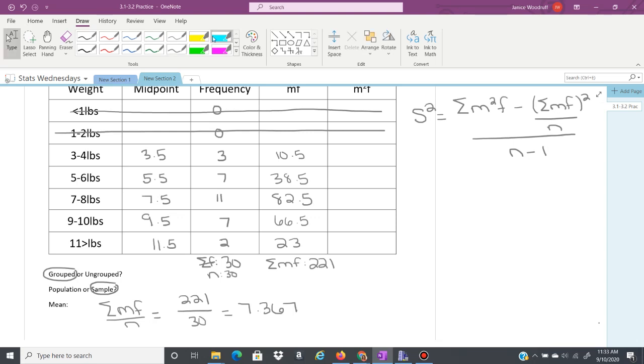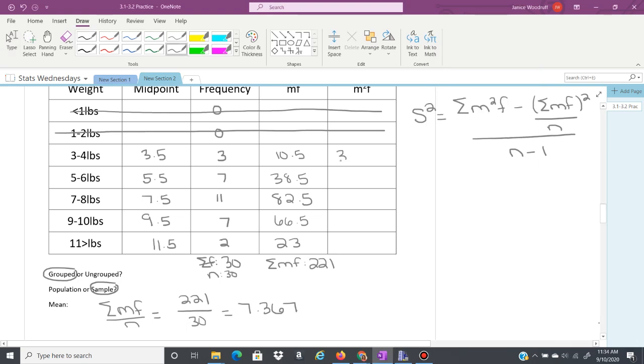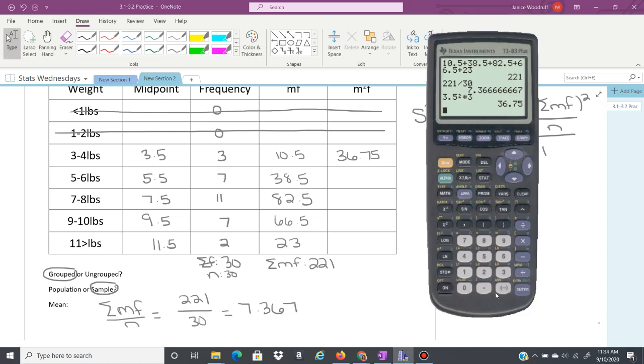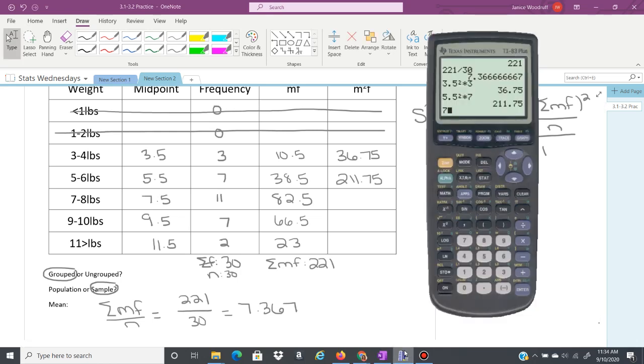Okay, so we need m squared f. So let's go ahead and do that. So 3.5 squared times 3, so 36.75. All right, and then 5.5 squared times 7, 211.75. Then 7.5 squared times 11, 618.75.